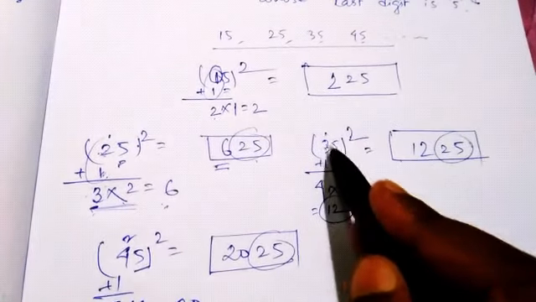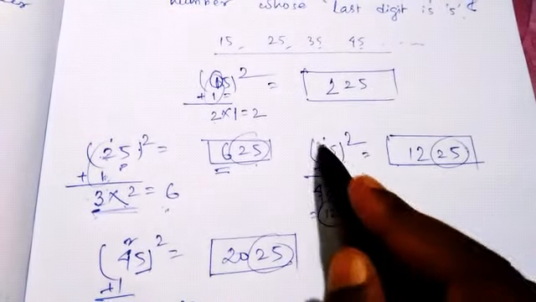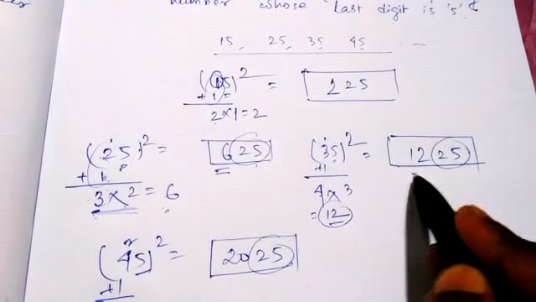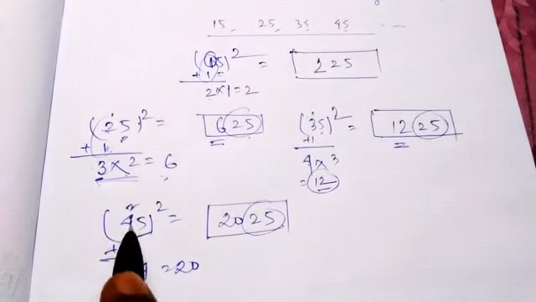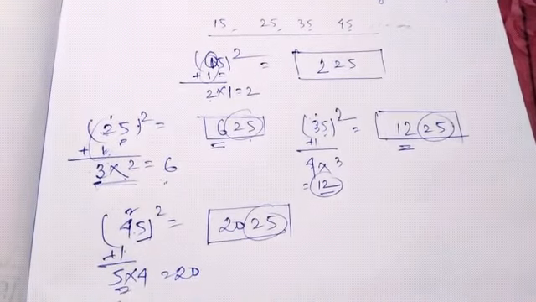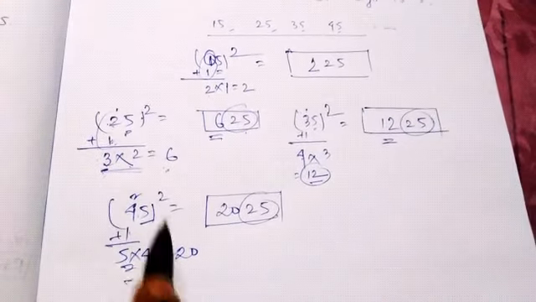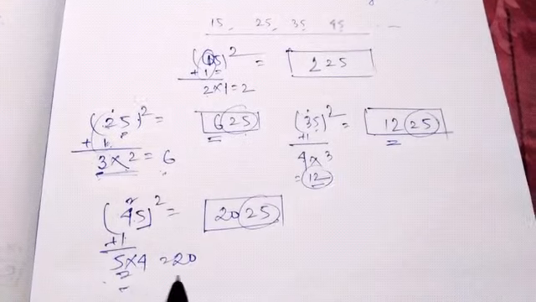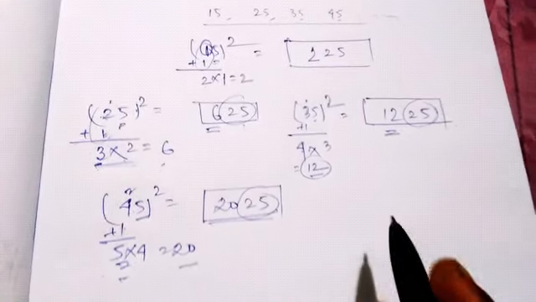In this case 3 plus 1 is 4, 4 into 3 is 12. In the next case 4 plus 1 is 5, then 5 into the previous 4, 20. Answer 2025.